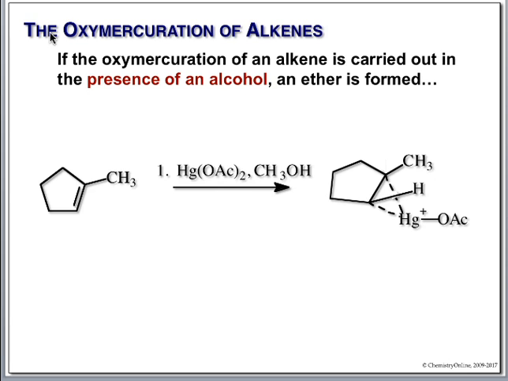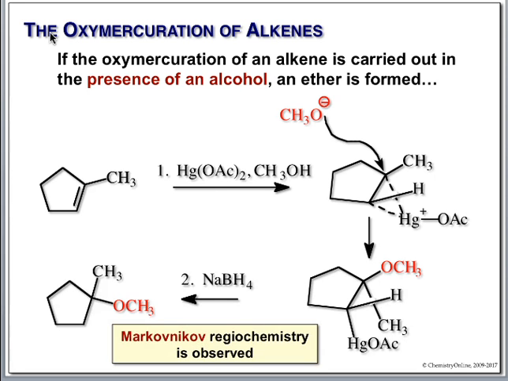Basically, the mercury is sitting on this pi system, and both carbons here become very reactive. The carbon that can bear the most positive charge, which is the Markovnikov carbon, is slightly more positive than this one. So in the second step, methoxide will attack, and you get your product.